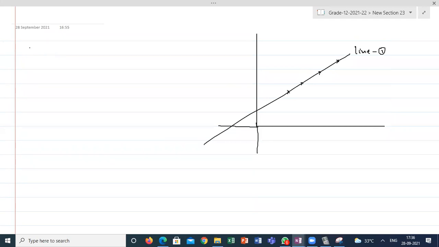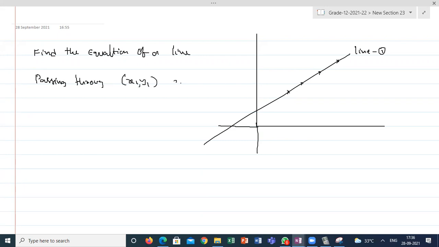My given data is: find the equation of a line passing through (x1, y1) and having slope m.